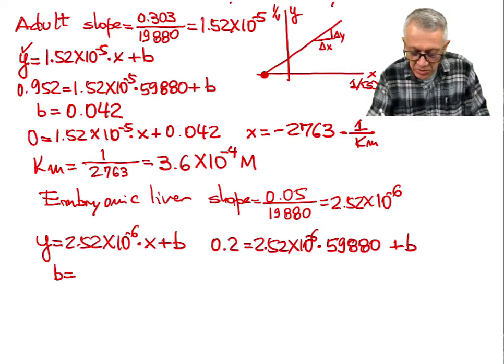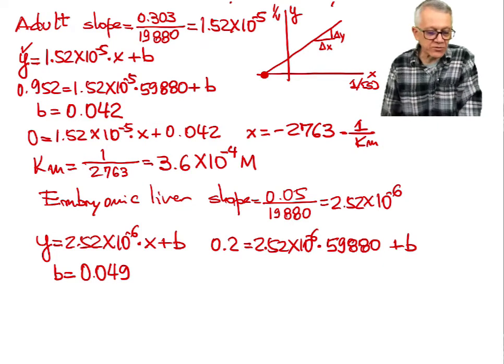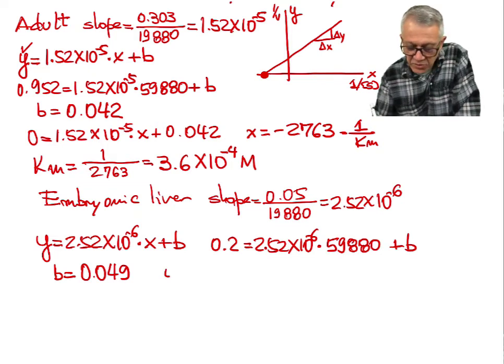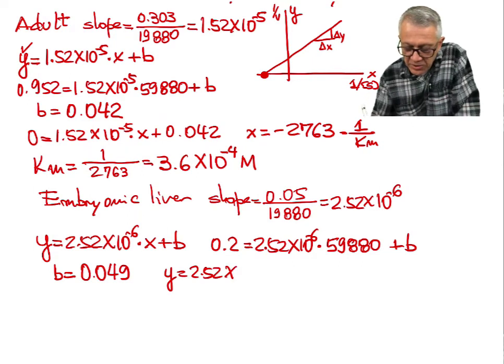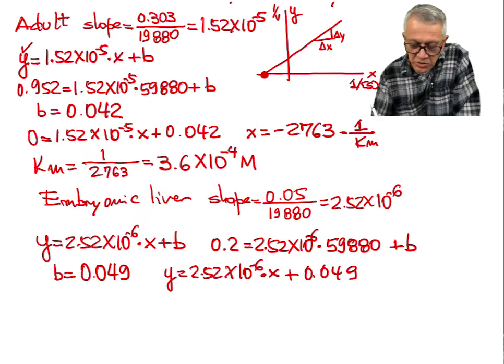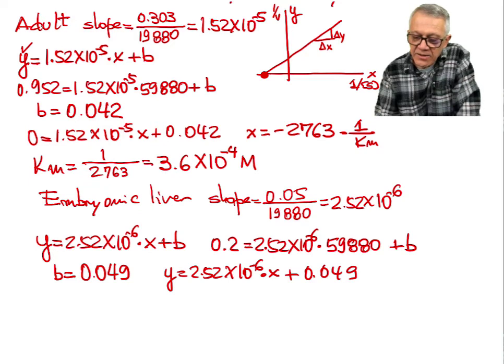Okay, so b is equal 0.049. Now we know that any number can be plugged in here, because now we know the equation is 2.52 times 10 to minus 6 x plus 0.049, right?